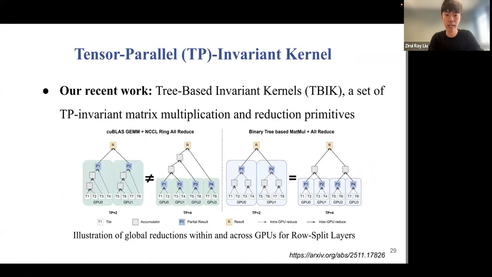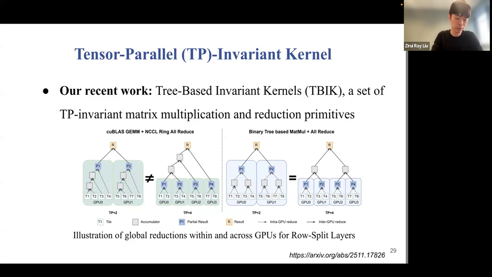The second reason is that, for example, for our TP-invariant kernel, if you want to do the tree reduction, you need an extra buffer to store the temporary results. That means when you write the kernel, you need to use more precious on-chip memory resources, so you need to fundamentally change how you write the matmul kernel.